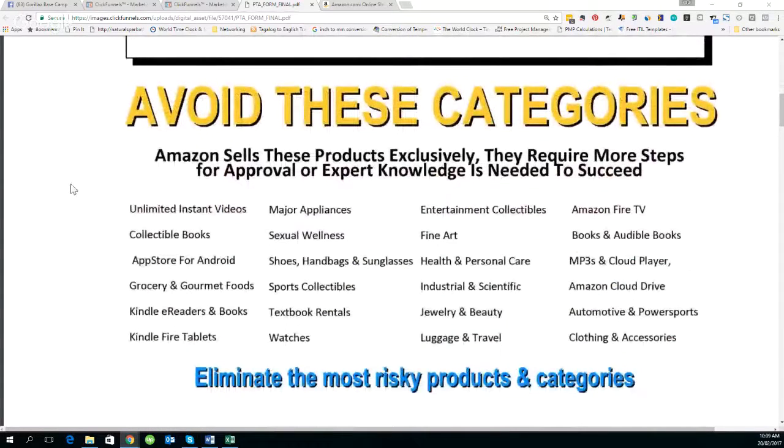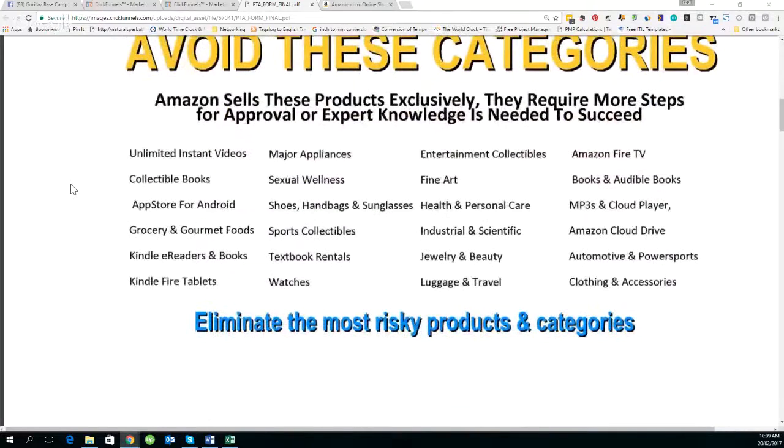So to start with, let's have a look at the categories that we should be looking to avoid. Right, so if you look through here, you've got the App Store, videos, books, groceries. A lot of the things on here are not applicable for private label products, and others are categories that you need to be ungated in, which is okay, but you just need to jump through a few hoops in order to do that.